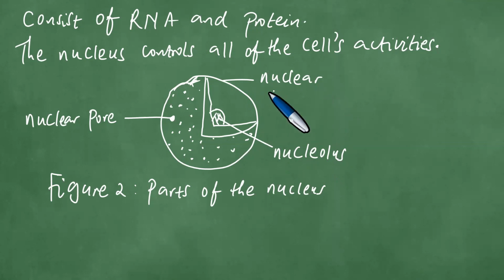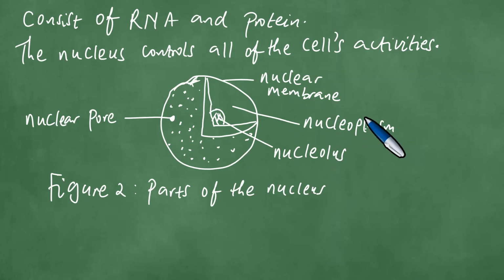The nuclear membrane is like the skin of the nucleus, like the skin of a person. And then there is the substance inside the nucleus, called the nucleoplasm. The nucleus is not empty inside. The fluid inside is called the nucleoplasm.